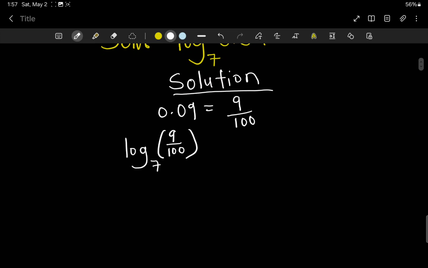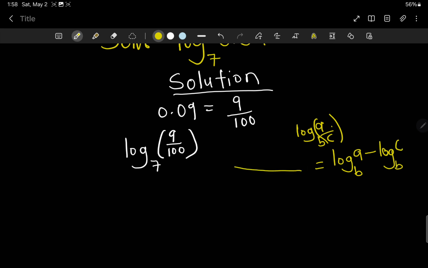Now that we have it this way, we can use the rule which says that if you have log A over C to the base B, it is the same as log A to the base B minus log C to the base B. So let's use that same thing here.